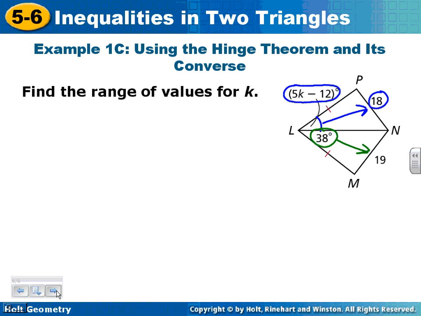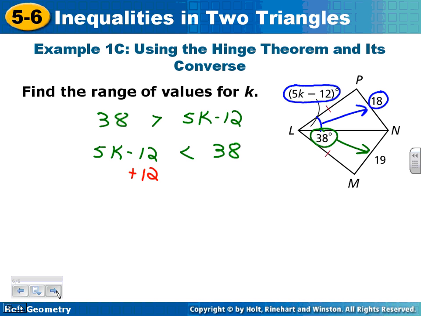So which one's bigger? Well, the 38 has to be bigger. So 38 is greater than 5K minus 12. Well, to solve that, technically, I'm going to put the 5K minus 12 first because I like my variable to go first. Switch it to less than, and then 38. And I want to solve that for K.